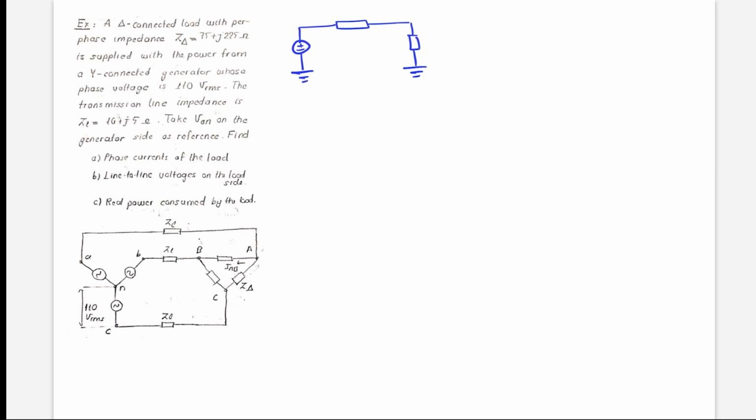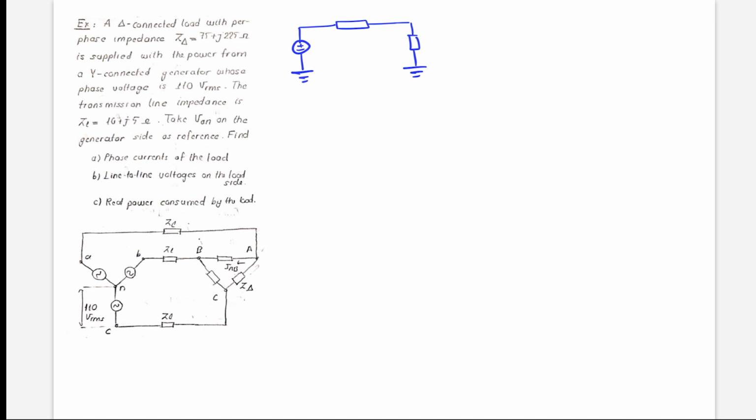Which is something like this. And it is given that the phase voltage is 110 VRMS. So since it is given as VRMS, the real magnitude of the voltage should be VRMS times radical 2.